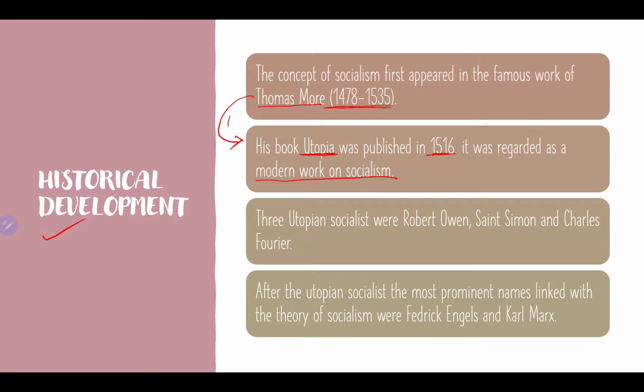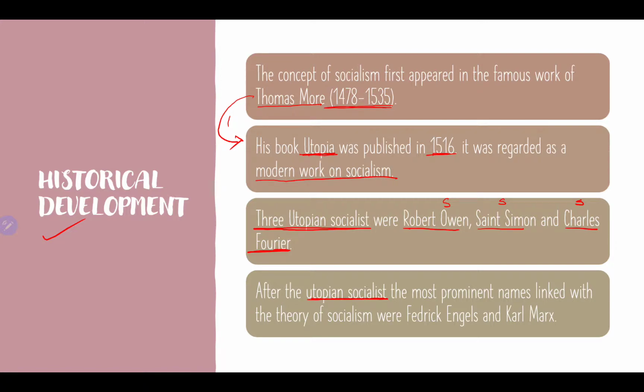Now let's talk about the three utopian socialists. The three utopian socialists were Robert Owen, Saint Simon, and Charles Fourier. Why are they called utopian socialists? Because these are the three persons that can be regarded as the old socialists.